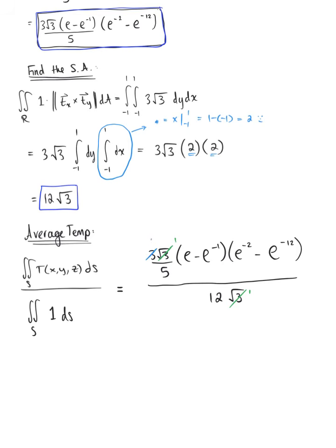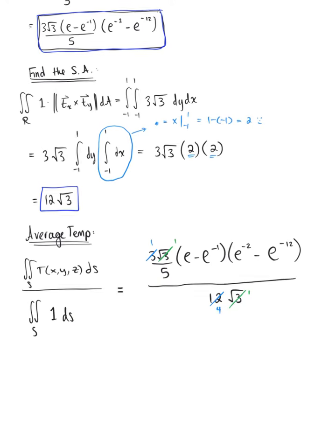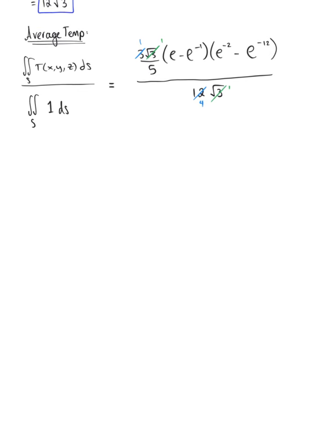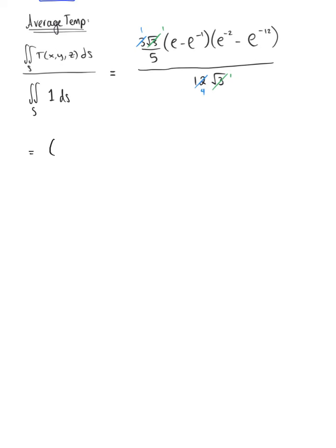We, of course, know that 3 goes into 12 4 times. And we are left with a beautiful final answer here. In the numerator, we have the natural exponential minus the natural exponential raised to the negative 1, multiplied by the natural exponential raised to the negative 2 minus the natural exponential raised to the negative 12.